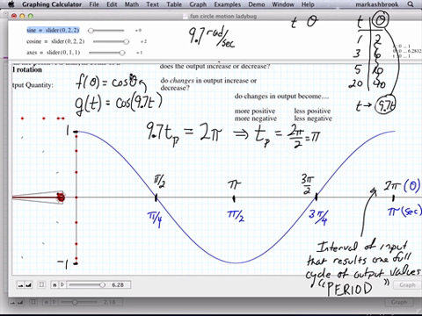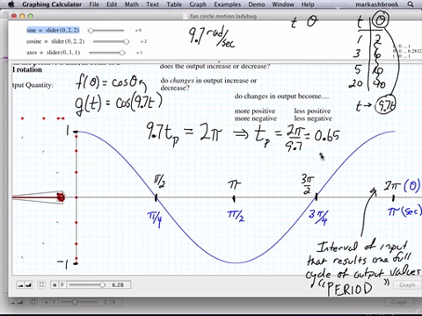So 9.7 t is our theta. So at what particular time do we get a full cycle of theta, or 2 pi? So get a decimal approximation for that. 2 pi over 9.7 is about what? That's 6.5? About.